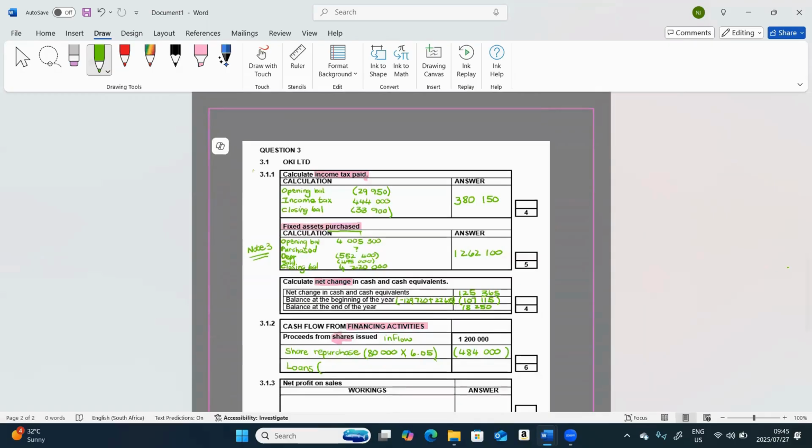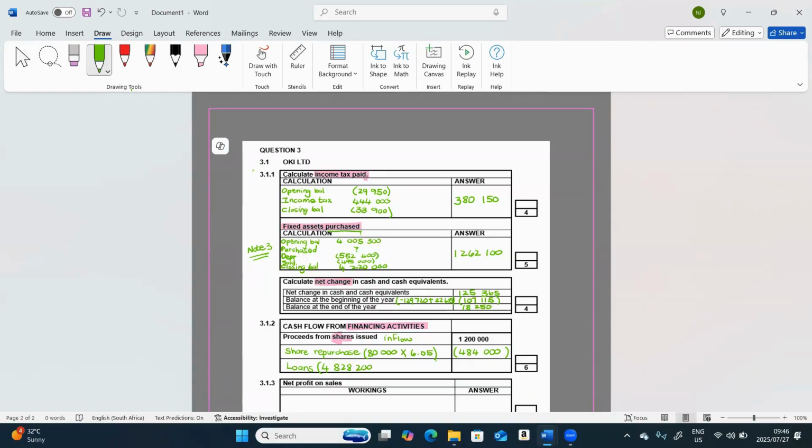4,800,000, let's just fix that. Okay, so you write that over here. 4,800,000 Rand, right?